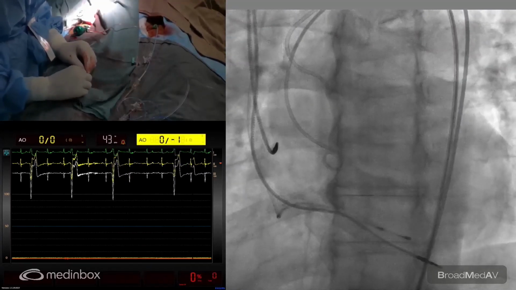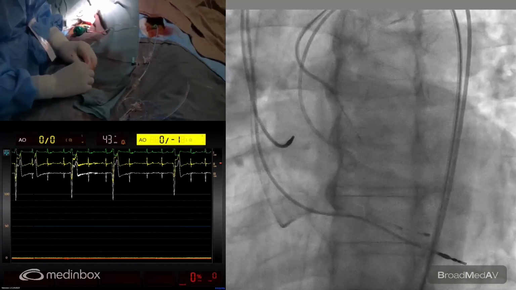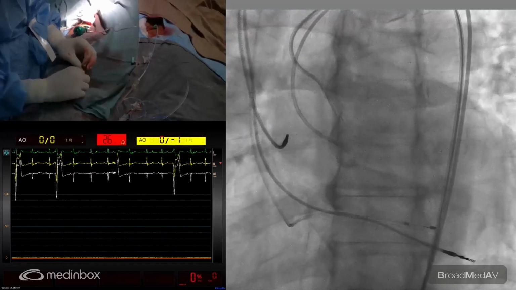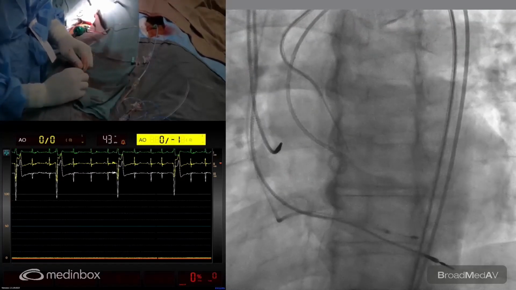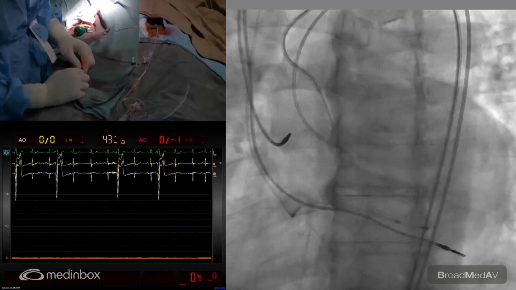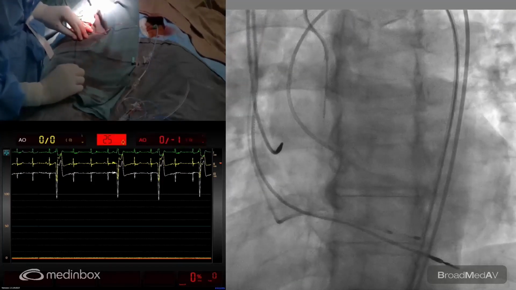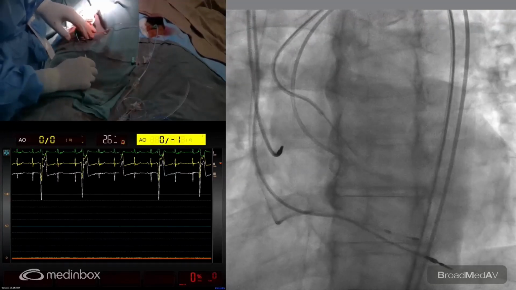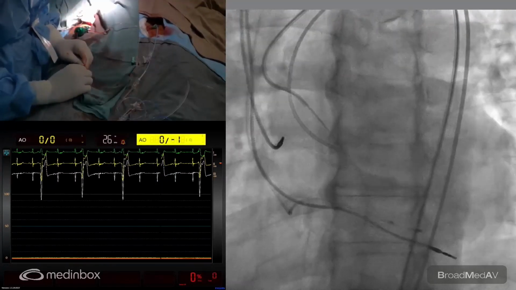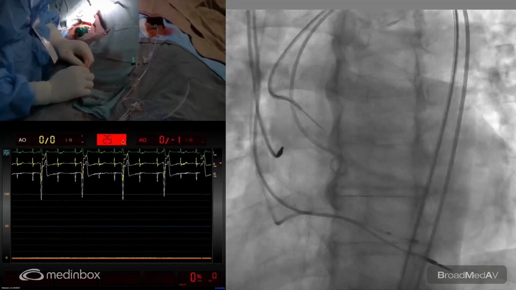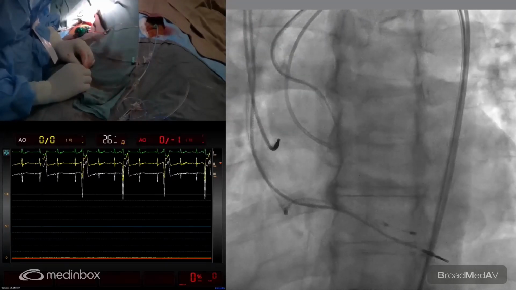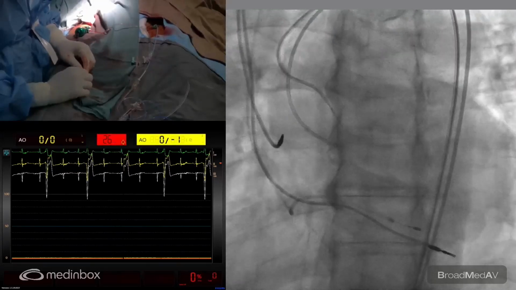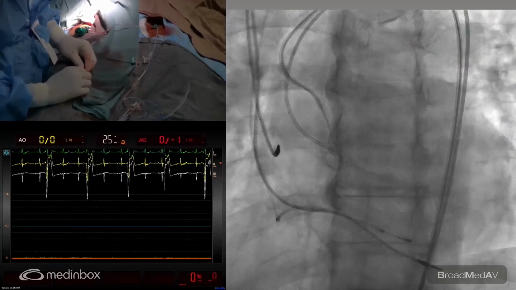I'm sure Ashish will be able to do that this time. I think the orifice is more on the LCC side, a little above.